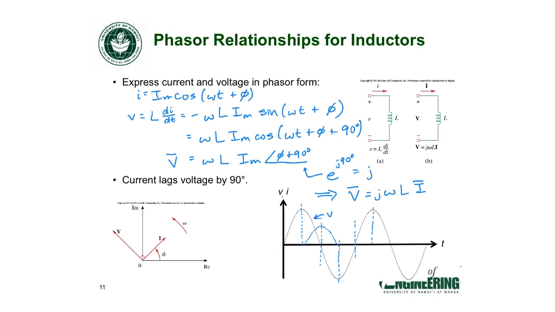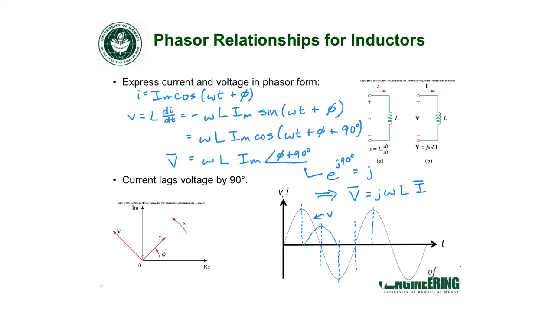So my voltage reached a maximum value at 90 degrees. My current reaches a maximum value at 180 degrees. My voltage went to 0 at 180 degrees. My current is going to go to 0 at 270 degrees. So it's always 90 degrees later than the voltage. That's why we're saying that the current is lagging the voltage by 90 degrees.